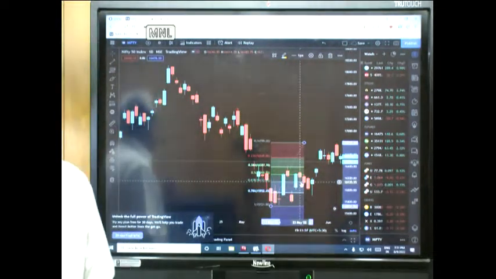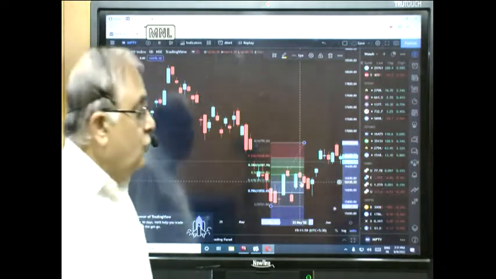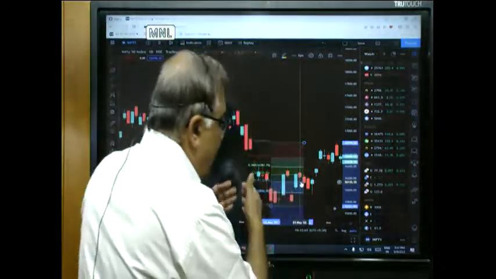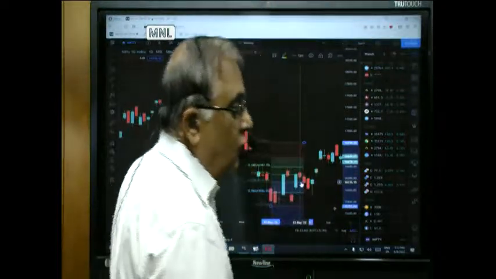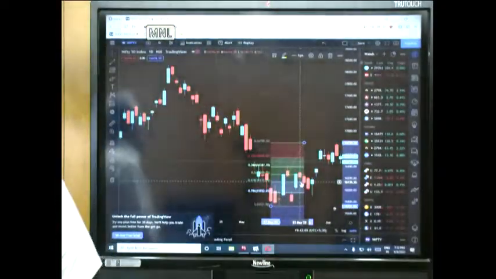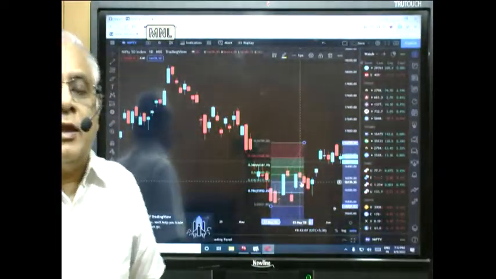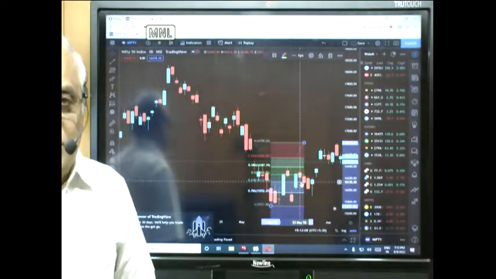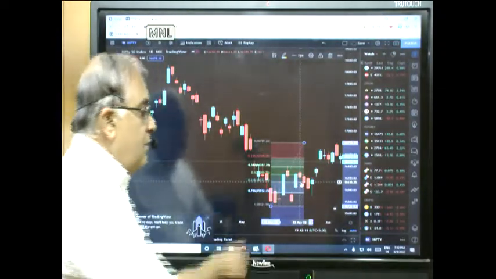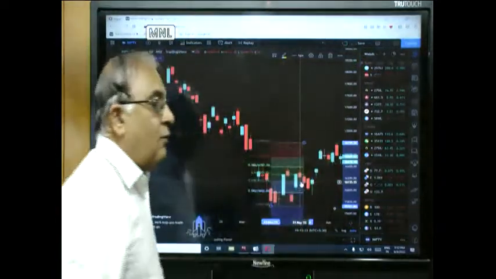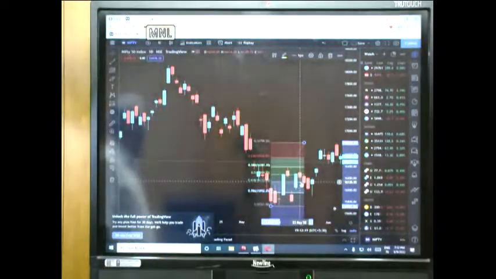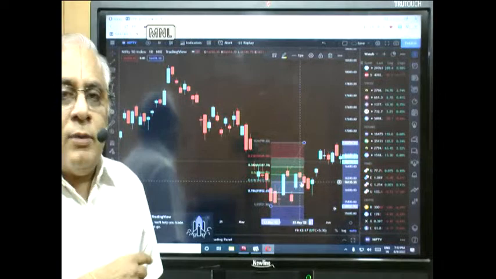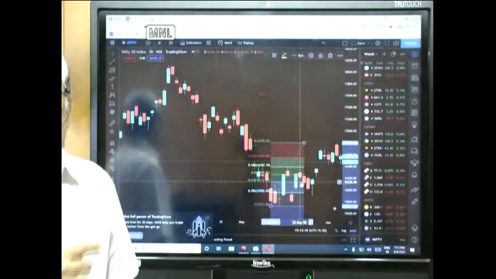We talked about 16,100. So the 61.8% retracement from any one level to another level is a very important place that has to be taken off before we can call a trend change in the system. So a 61.8% from this level to that level comes to 16,133.